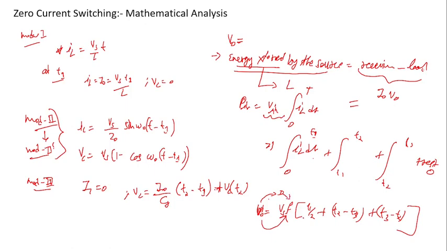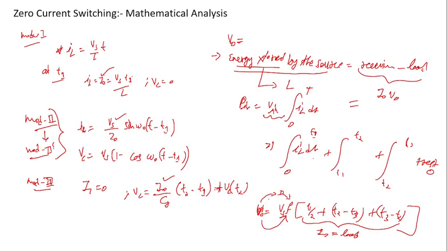The big deal is this switching instant. This switching instant depends on the load current I naught. If you expand this t3 minus t2, you can see that Vc depends on I naught. Here again the inductor current depends on Vs. Here again, t1 depends on I naught. So t1 depends on I naught.